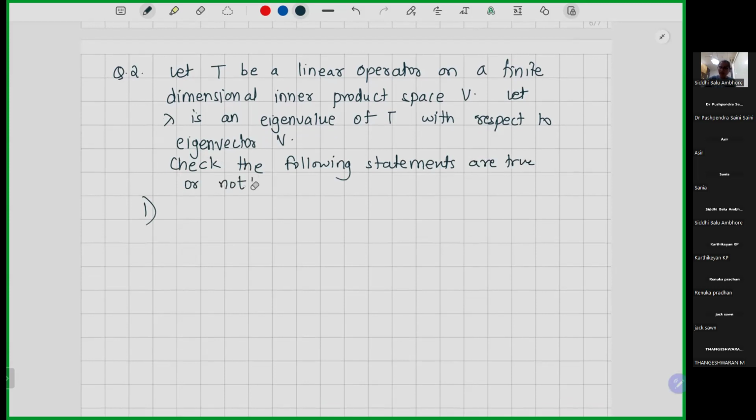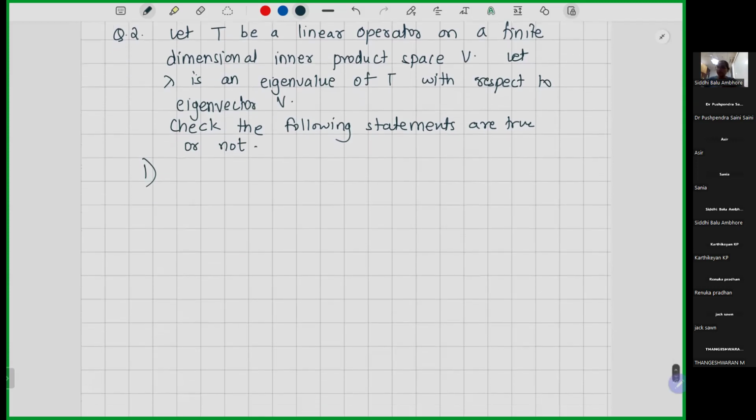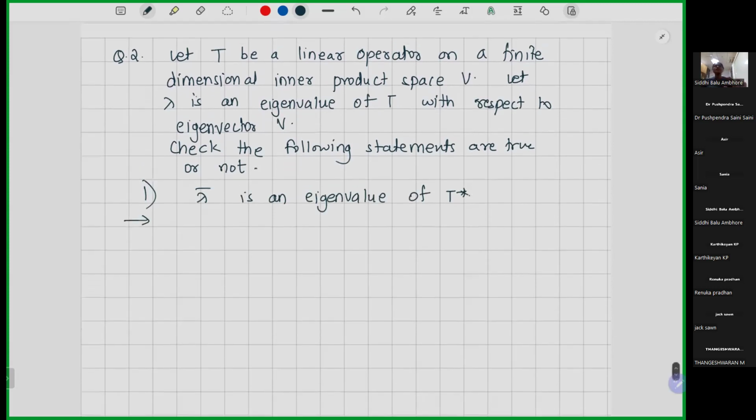So this is the setup: T is a linear operator on a finite dimensional inner product space, and lambda is an eigenvalue of T with eigenvector V. We have to check whether lambda bar is an eigenvalue of T star or not. T is just any linear operator. It is not normal or self-adjoint or anything of that sort.